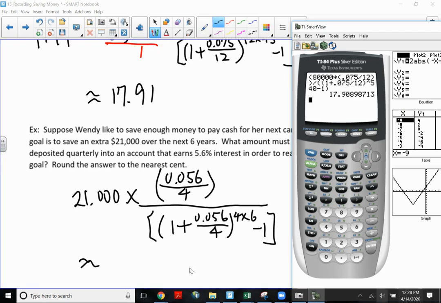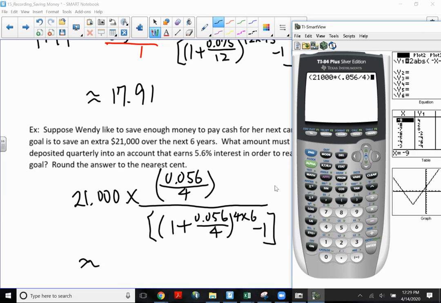All right. So what should the quarterly payment be? Oh, sorry, I need to start it with a parenthesis. Times, open parenthesis. I don't have to have an open parenthesis because it will multiply and then divide. It makes no difference, but it's all right since I wrote the parenthesis earlier, I'm going to keep it. 0.056 divided by 4.